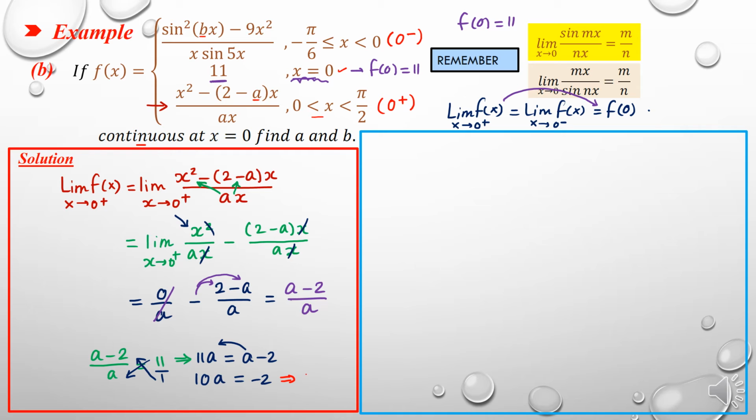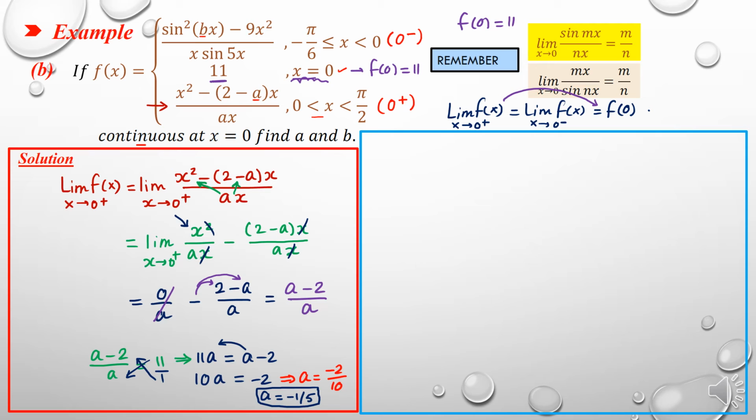You will get a equals negative 2 over 10. Divide by 2 the top and the bottom, you will get the value of a, and it's equal to negative 1 over 5. So this is the value of a.